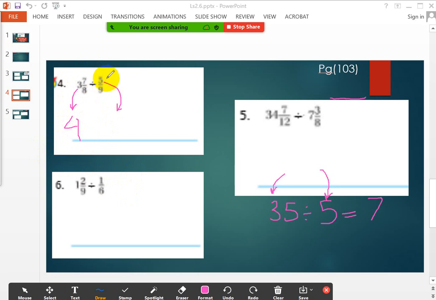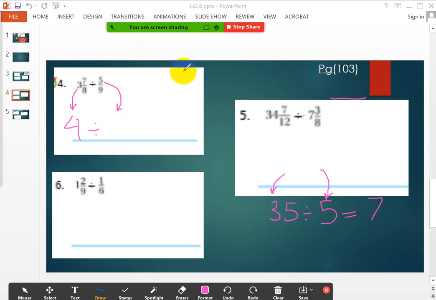Now, 5 over 9. If I want to round it here, what is the number? It will become what? 1. You said 1, right? But I don't think so.